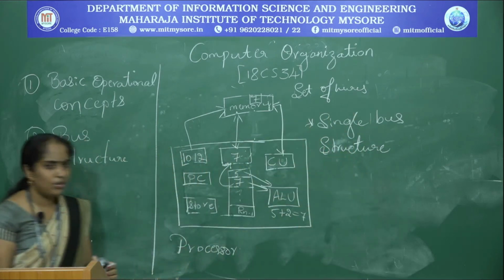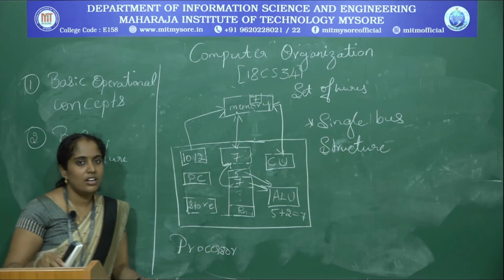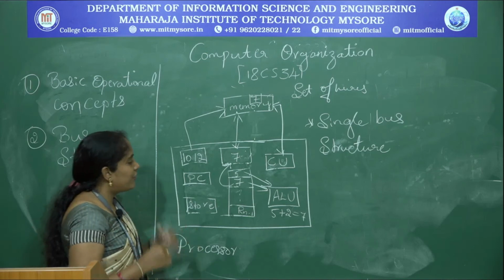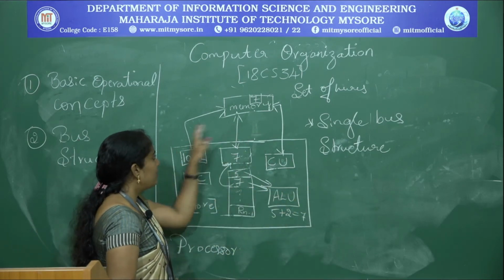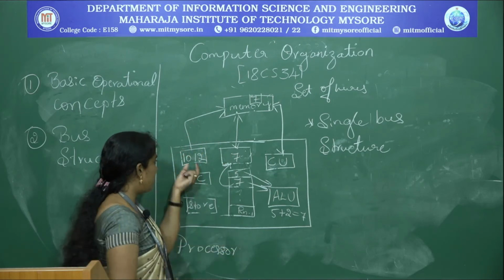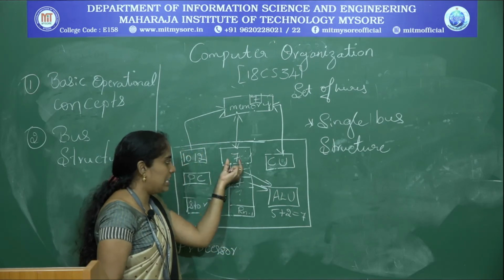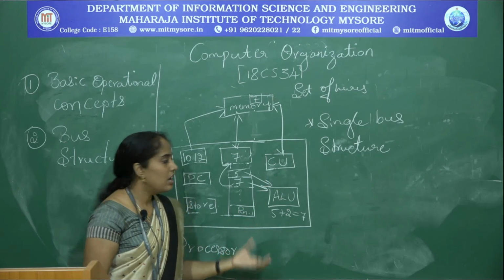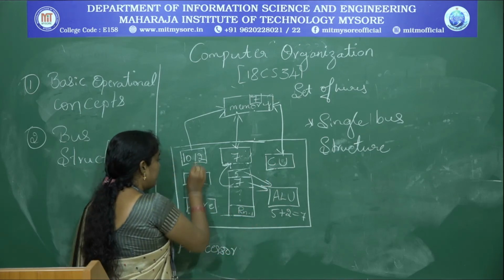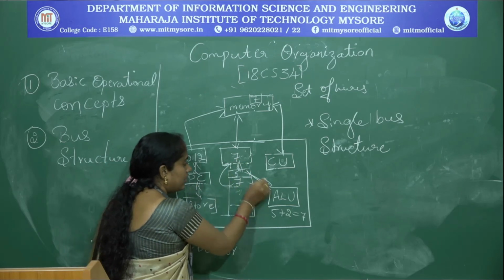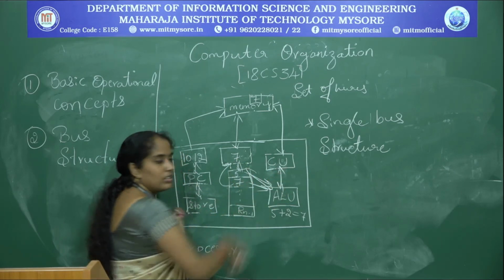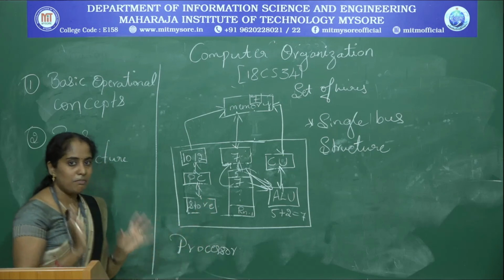So what is the single bus structure? Before we take that up, here we have some lines from MAR, MDR and CU and so on, and inside these also we are connecting like this. These are also buses.